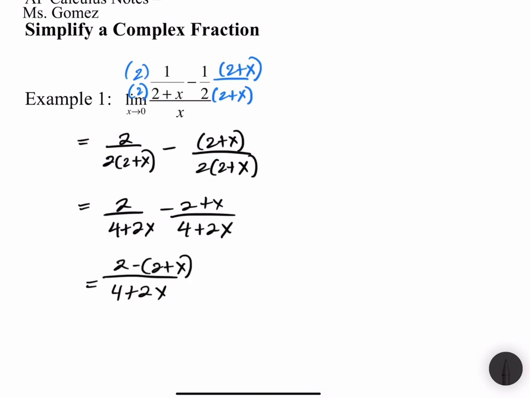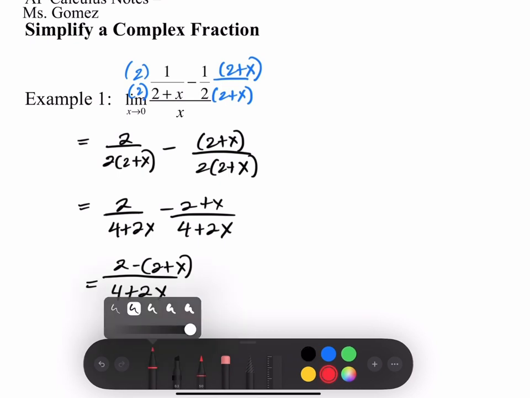And you have to be careful here because when we subtract the numerators, this subtraction is being applied to the entire expression. So that does mean that we are going to need to distribute the negative here, okay?